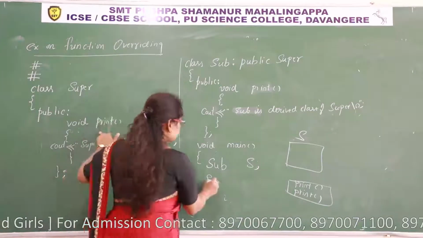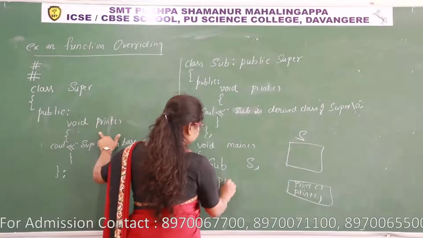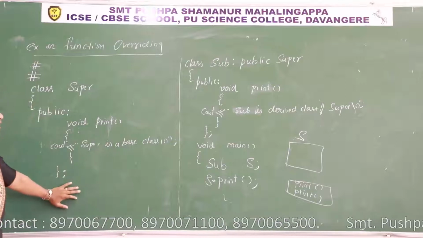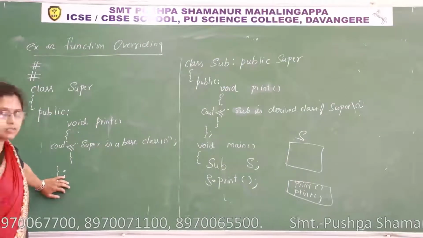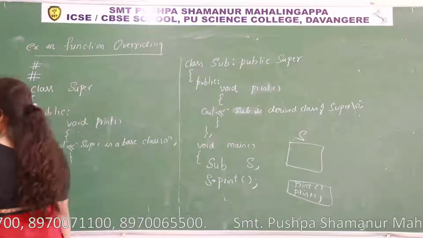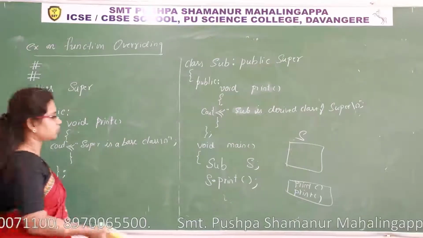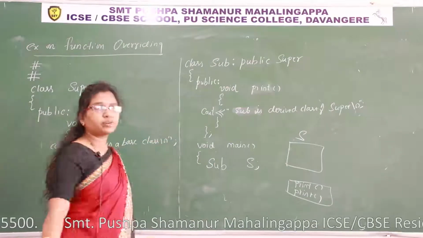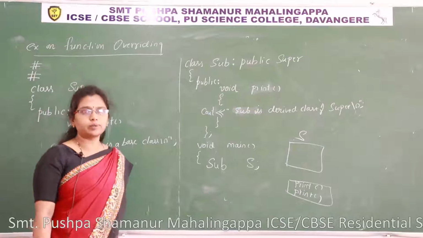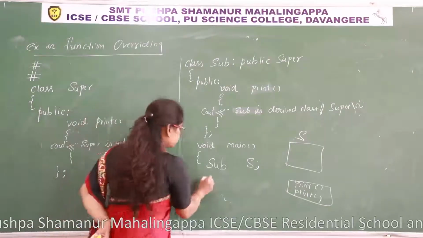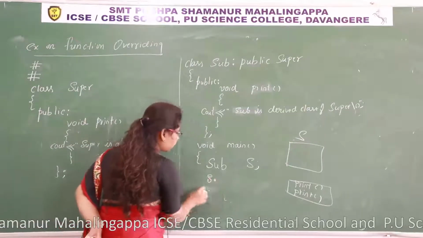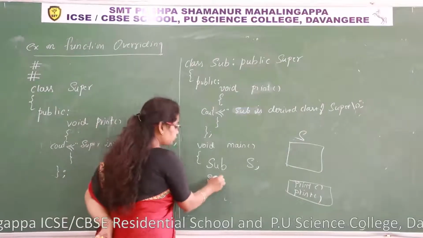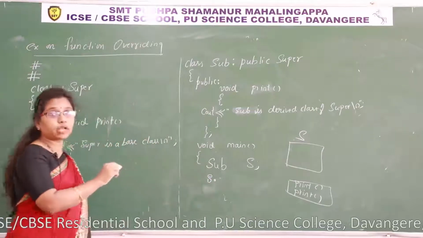When I call the print function, I'll write yes dot print. Then there is an ambiguity: which print function does it have to execute? To avoid that, we must use a class name and the scope resolution operator. You know how to access a member function of a class: object and dot operator, then the function name. Instead of writing the function name directly, you must use the class name of the print you want to call.